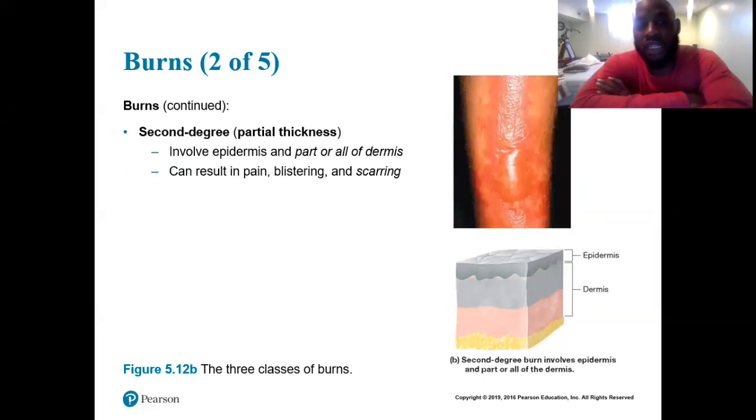Second degree burn involves the epidermis and part or all of the dermis. So you've burned through the epidermis, and you've also engaged the dermis beneath it. This can result in pain, blistering. This can result in a scar, because you could potentially destroy cells, destroy some of your keratinocytes, and therefore you could have a permanent scar here.